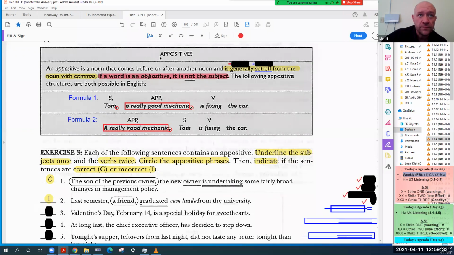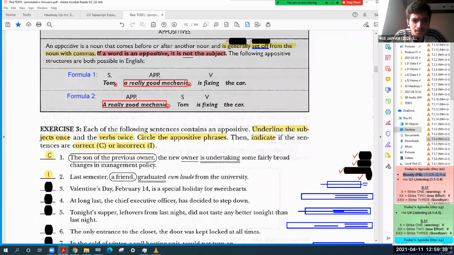Let's see, Jaffer, can you read this? An appositive is a noun that comes before or after another noun and is generally set off from the noun with commas. What is the meaning of generally? Mainly, usually.